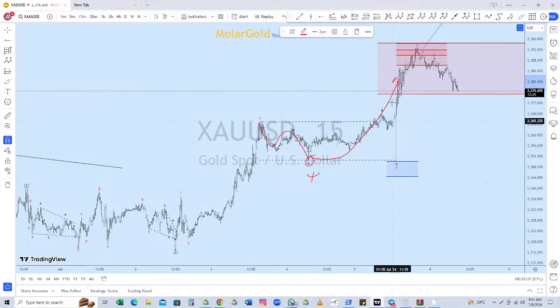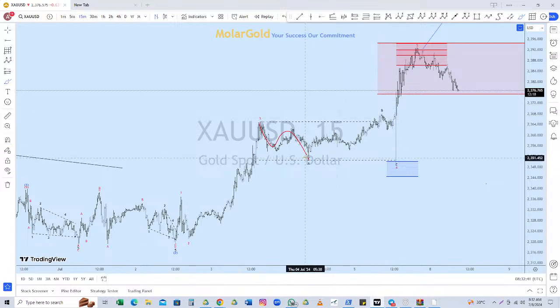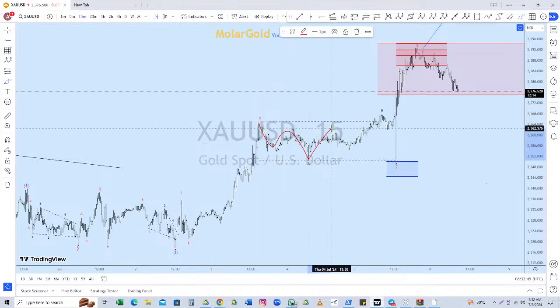Yes, price went to the upside, but we're going to make a little adjustment to it. That is why I put in these trend lines. So we actually made a 3 again, and then we made a 5. We made a sharp 5 like this, and then we went to the upside.